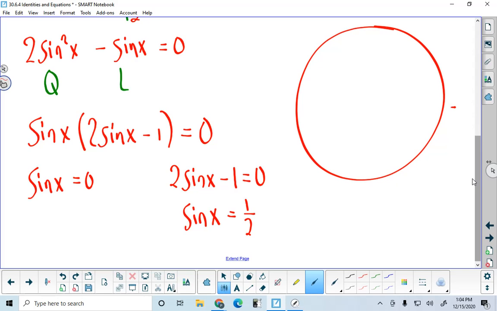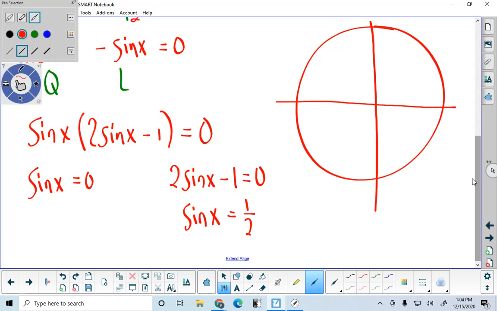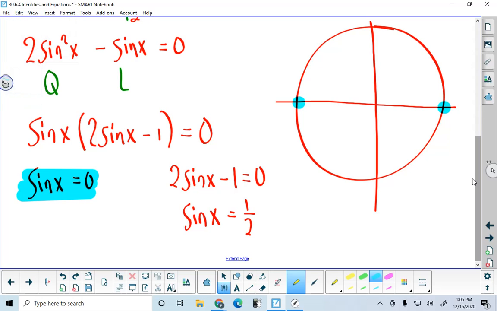I'm not talking about angles here. I'm just talking about locations. Sine of x is 0. Sine of a rotation angle is 0 when the y coordinate on the unit circle is 0. So in these 2 locations. How come I'm looking at the y coordinate? Because it's sine.